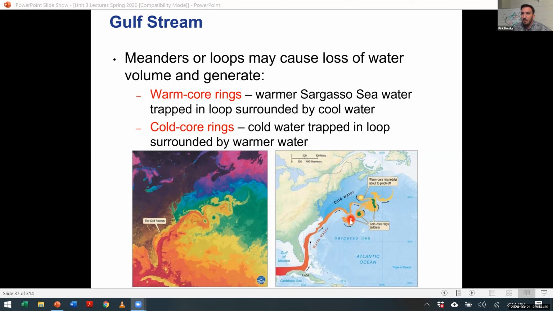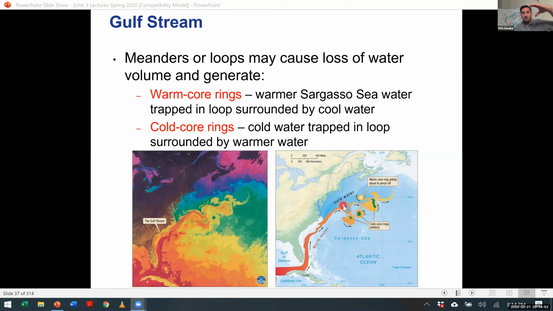If it closes in on itself, it will grab some water. In this case, it will grab some water from the north of the current, this cooler water, and it can pull it to the south. And those are called cold core rings or cold core eddies. These little pockets of cold water surrounded by what is otherwise much warmer water.